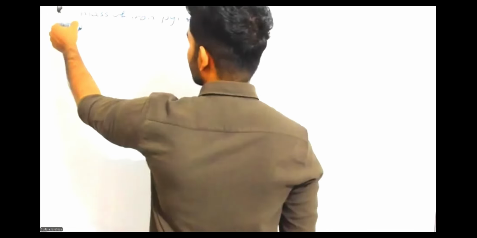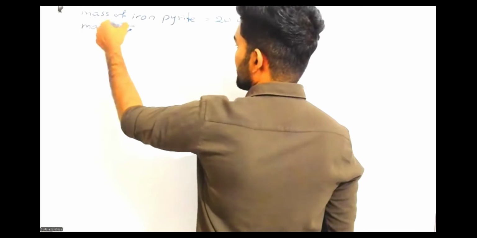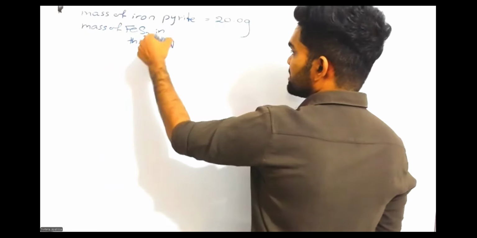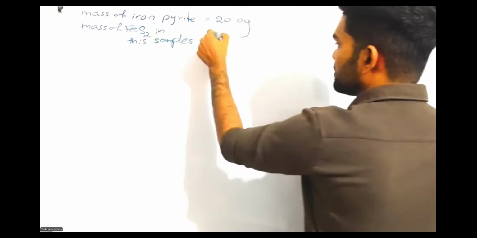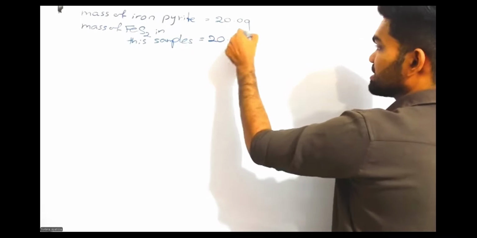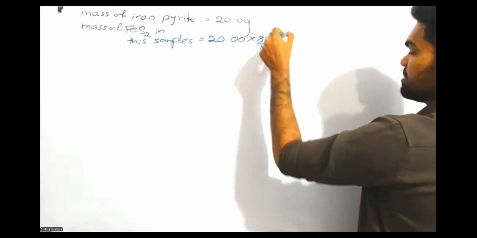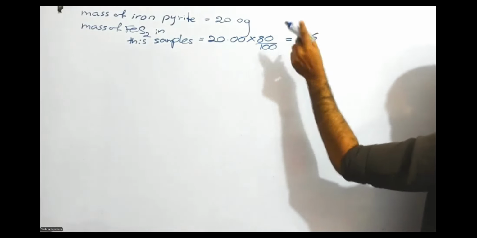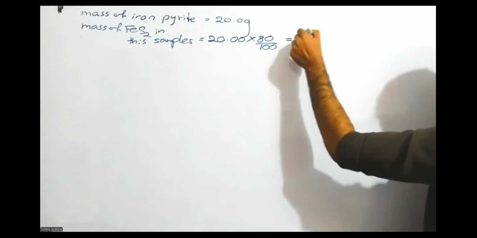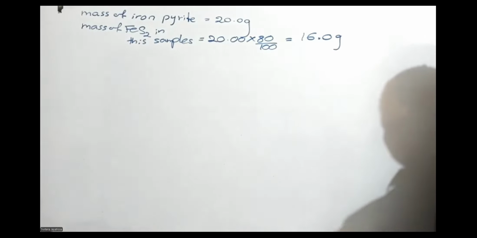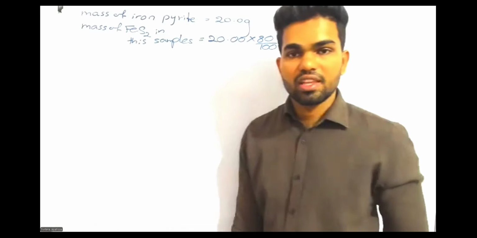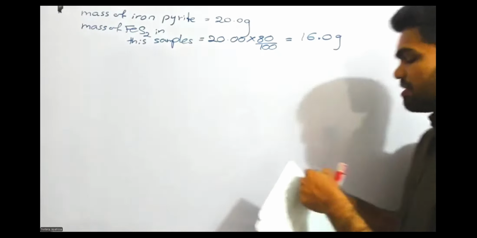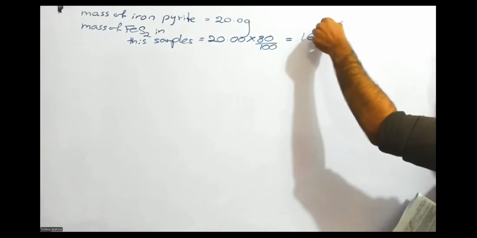So let's find the mass of FeS2 in this sample. Multiply by 80 over 100, so you'll get 16 grams. 16 grams of FeS2 is there. Understood? That's the theoretical mass present. This is what we mentioned as the theoretical mass of FeS2.